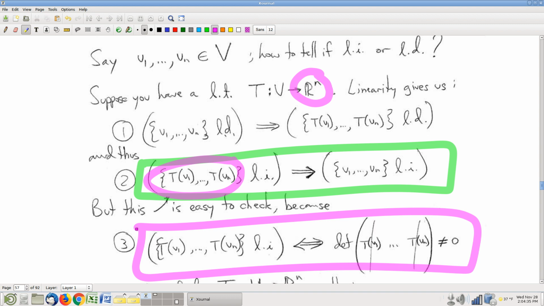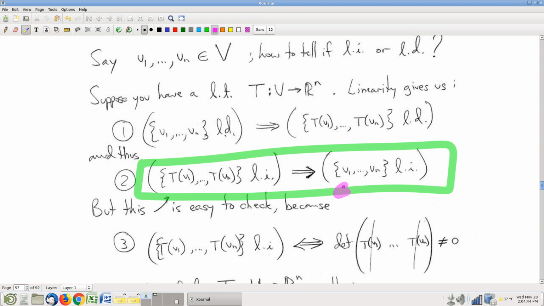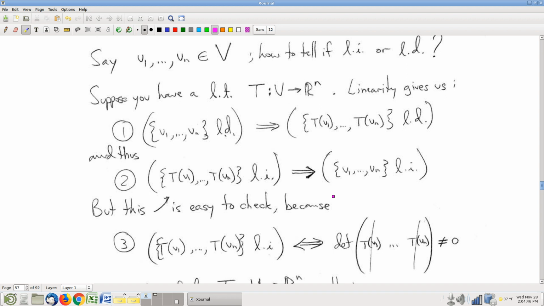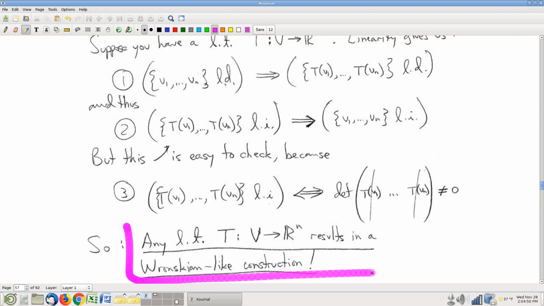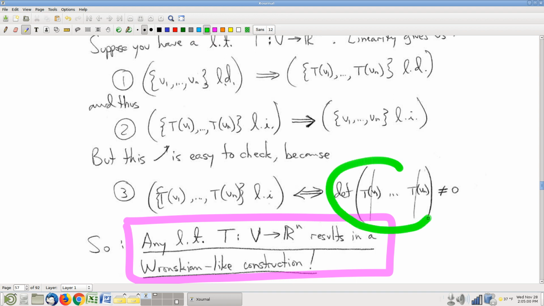It's a sort of two-step strategy that goes like this. I claim we've created a construction that behaves like the Wronskian as follows. This thing here, that thing.